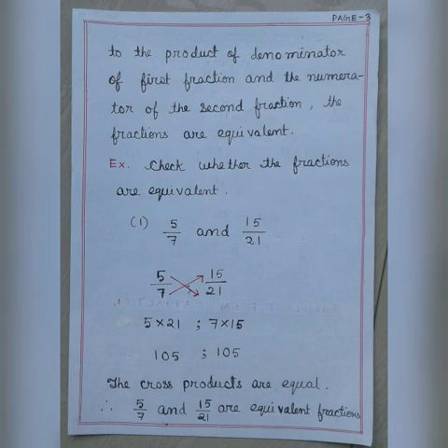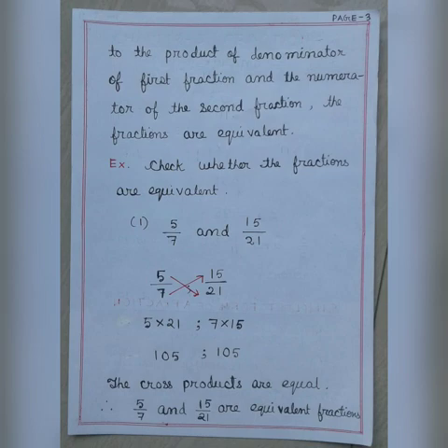Question number 1. Write a fraction equivalent to 6 by 7 with numerator 18. So we have to make the numerator 6 into 18. For that, we have to multiply 6 by 3. Then only it will be 18.